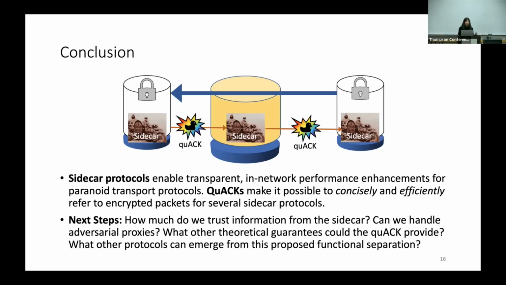Maybe a quack can include health bits. Where can we deploy the quack? Is it in the browser? Is it in the middlebox? Is it an access point? But in general, we think the future is bright. We're having middleboxes help endpoints improve their connections, while preserving the end-to-end principle that our transport protocols were designed with in the first place.